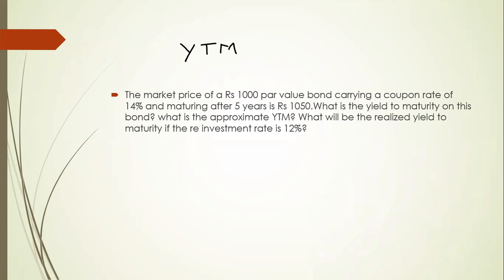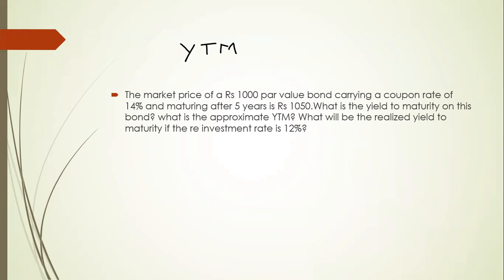And the second question: what is the approximate YTM, and what will be the realized yield to maturity if the reinvestment rate is 12%? One thing always remember: yield to maturity always uses the trial and error method. And when we calculate the approximate, there is a standard formula we take for calculation.